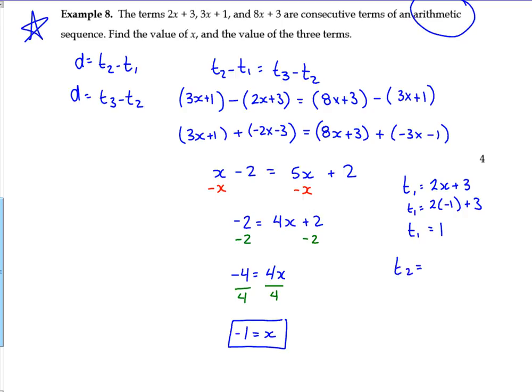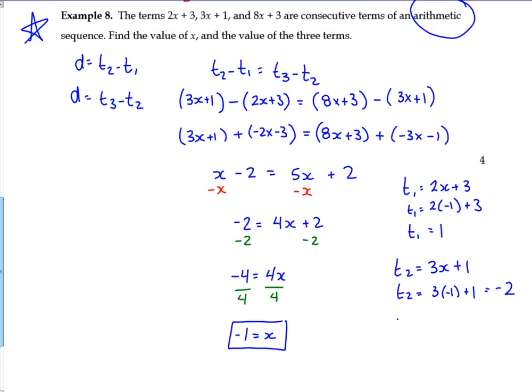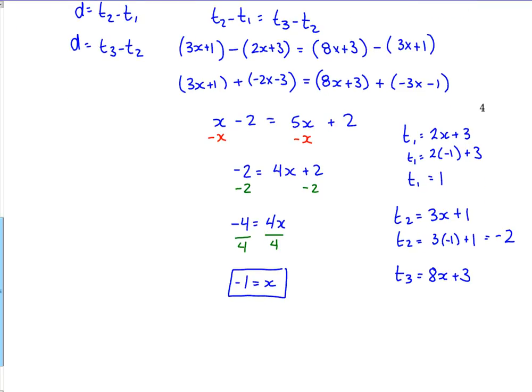Term 2, 3x plus 1. 3 times negative 1 plus 1 is negative 2. So now we know our common difference is negative 3. We expect negative 5 as our last term. If you want to sub into the 8x plus 3 to make sure, you can. 8 times negative 1 plus 3 is negative 5, which makes sense because it's arithmetic.